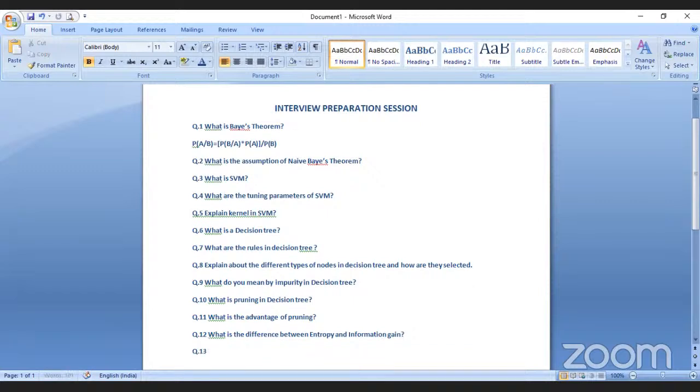Next. We got the difference between entropy and gain, but what is exactly the expression of gain of any column?